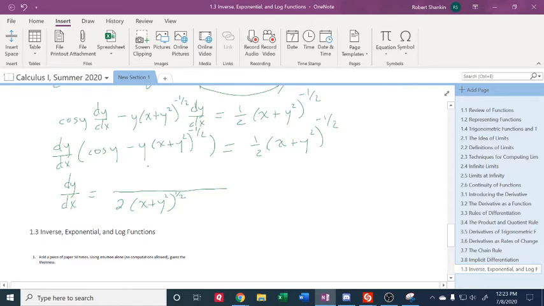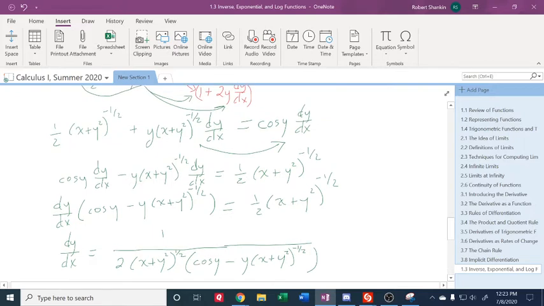And then I divide both sides by this. When I divide both sides by this it will show up down here. And that would be it.